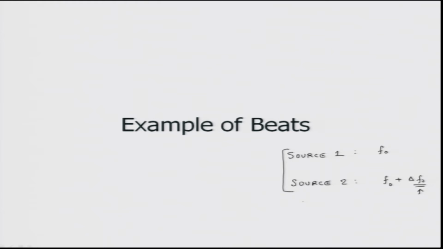An example could be a source producing a 300 hertz wave, and another source producing a 301 hertz wave, and when these two waves interact, the net effect is that of a beat. Let us listen to it.